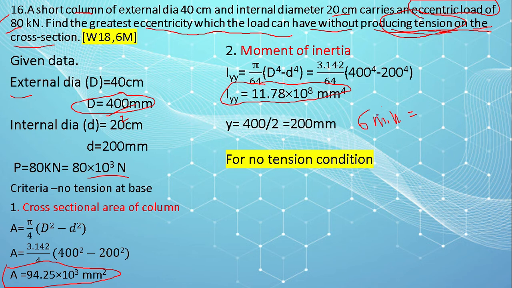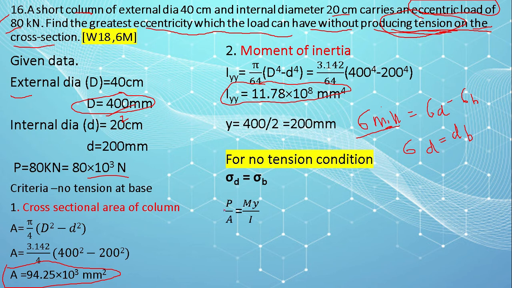So formula for sigma min is direct stress minus bending stress. As sigma minimum should be positive for no tension condition, therefore sigma d should be equal to or greater than sigma b. Therefore direct stress should be equal to sigma b.